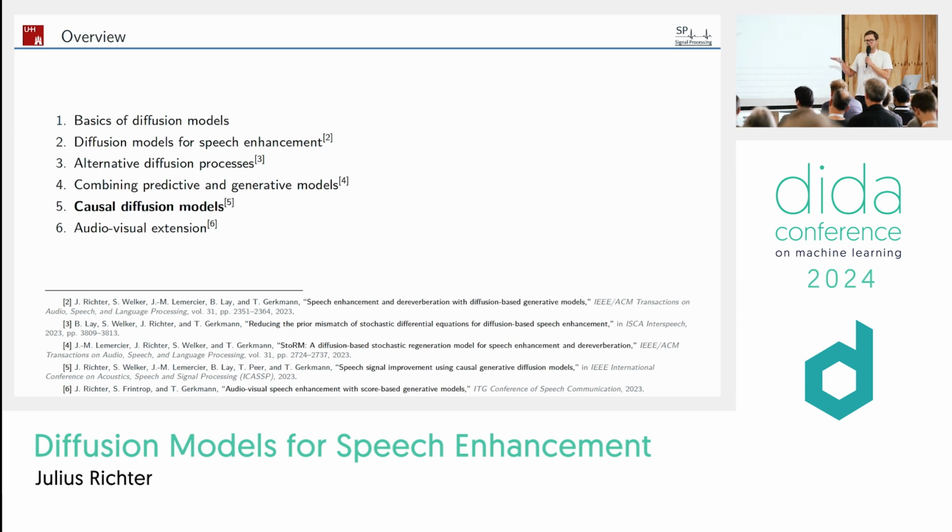And all the works we've seen before do not work in real time. Why is that? Because basically the neural network sees the whole utterance. So it also has information about the future. So it's not causal, it's non-causal. And in this work, we try to tackle this problem to also make the diffusion models causal.